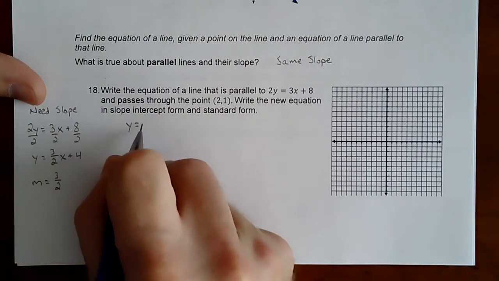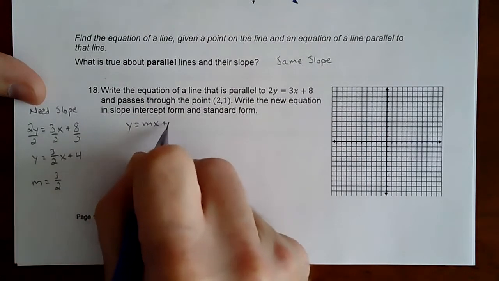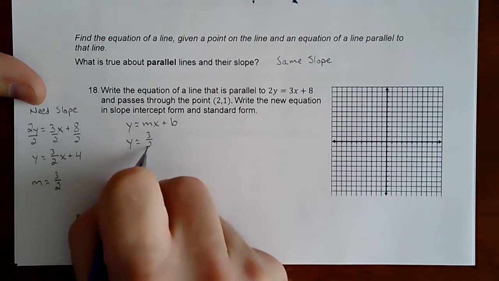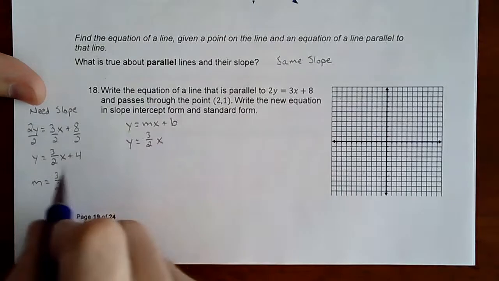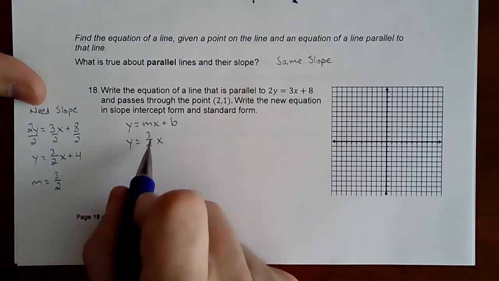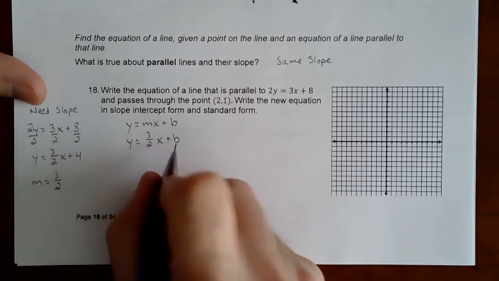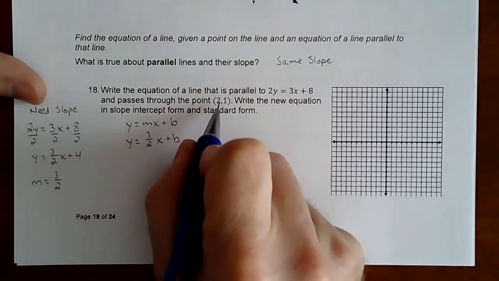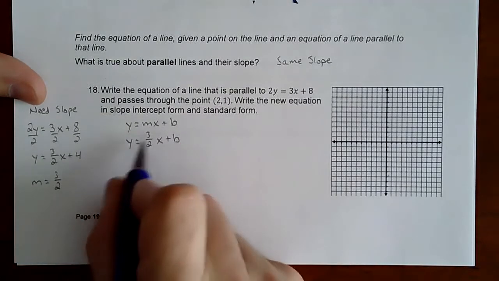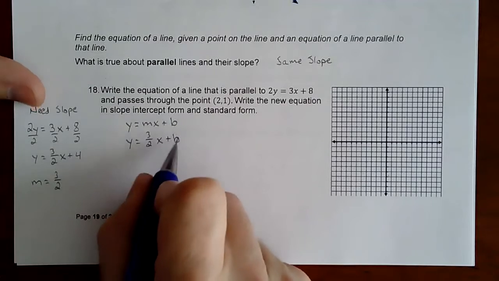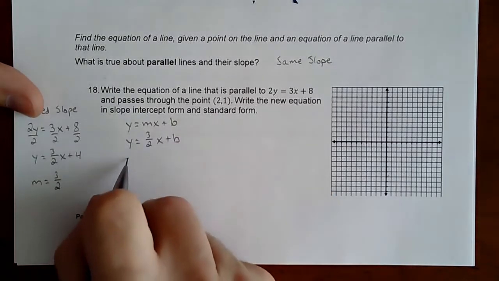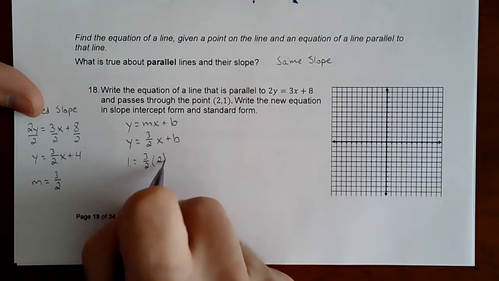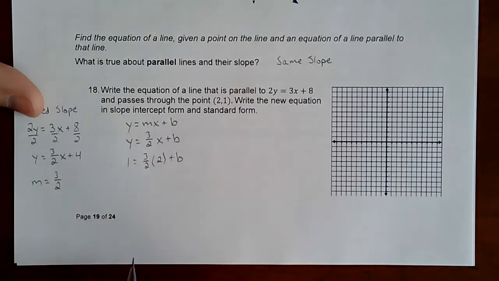So if our equation is going to be looking like this, what we just learned was the slope on this new equation is going to be the same as the slope on the other equation. So 3/2. But what we don't know still and always is the y-intercept. So that's where this point comes in. That point is a sample that we can plug into here to figure out what the b needs to be. So our y value is 1, equals 3/2 of 2 plus a b value.